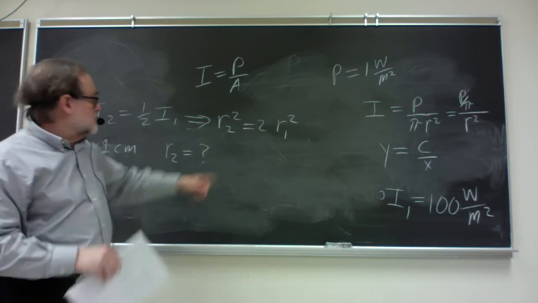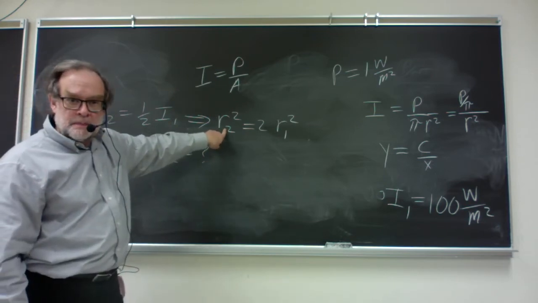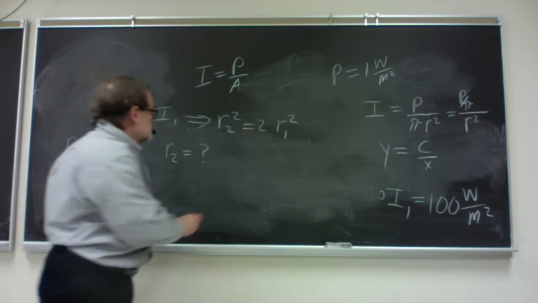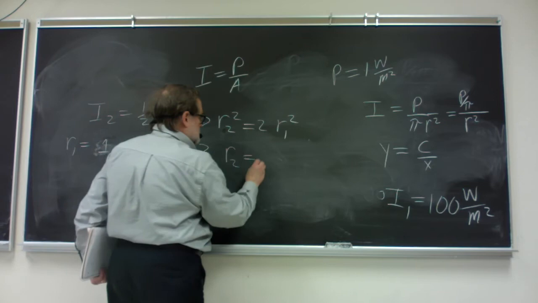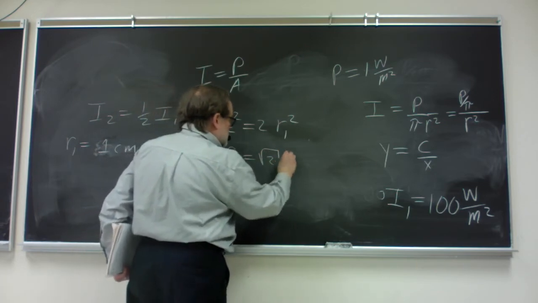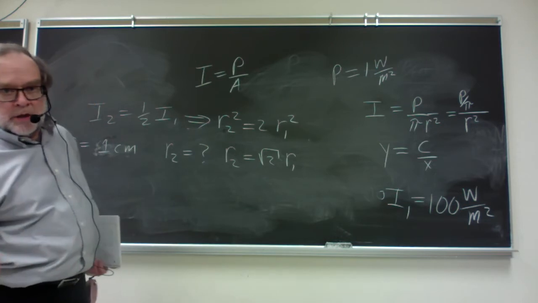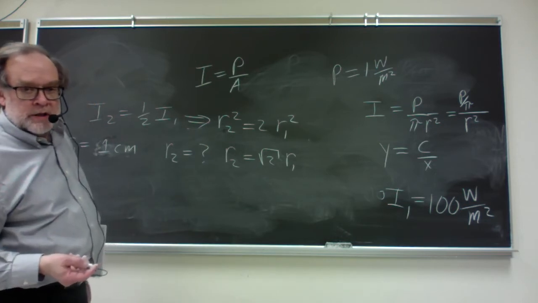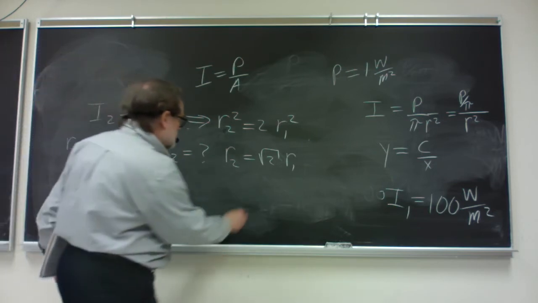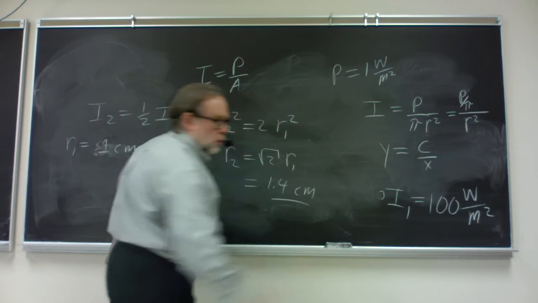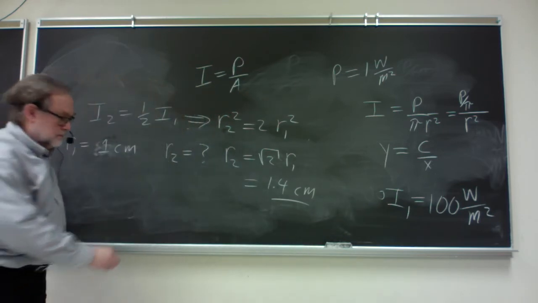The new radius is the square root of this, in other words, 1 over square root of 2 times R1. Wait, the radius is larger, so it's the square root of 2 times R1. R1 was 1 centimeter, so the new radius is 1 times the square root of 2, or about 1.4 centimeters.